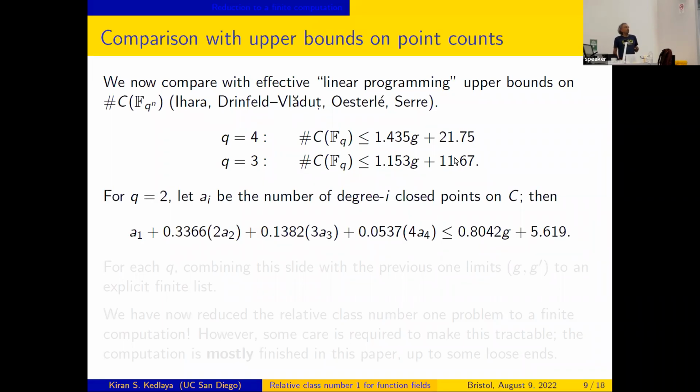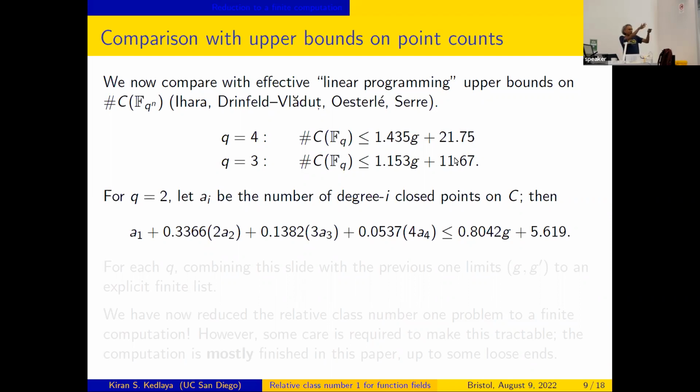For Q equals 2, I have to take advantage of the fact that these linear programming methods don't directly give you bounds on the number of points over F_Q. What they give you is some bound on some linear combination of the numbers of places over various degrees. So if you work the linear programming method, you can get an upper bound that involves places of degree 1 through 4 of this shape.